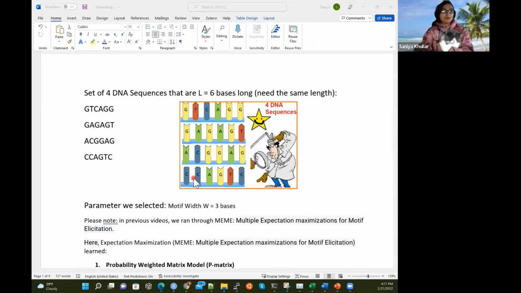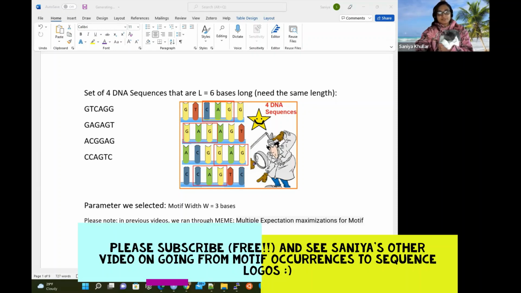We have the set of 4 DNA sequences, and we say, hey, please learn motifs with 3 bases. And then what we ended up finding is that the optimal motif was here: CAG, there was a GAG, and CAG. These were the occurrences of the motif that our model predicted.